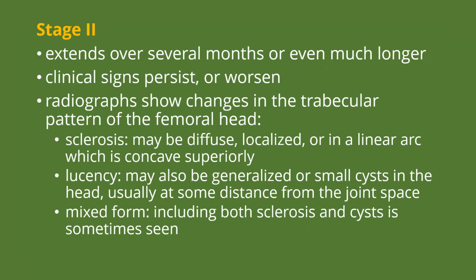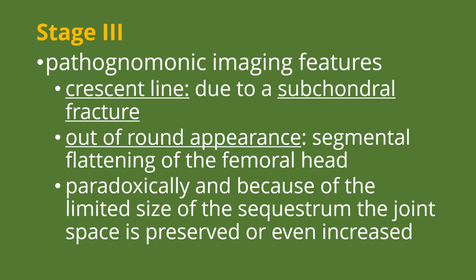Stage 2 extends over several months or even much longer. Clinical signs persist or worsen. Radiographs show changes in the trabecular pattern of the femoral head. They have sclerosis. They have zones of lucency, and you can have zones of mixed forms. Stage 3 has pathognomonic imaging features.